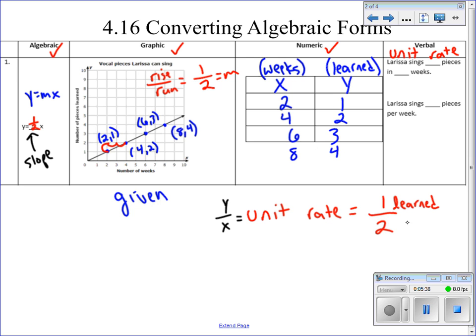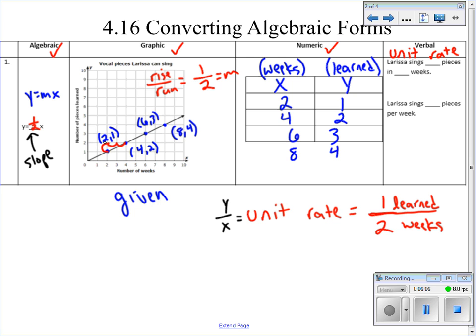Over our x values, which was over 2 weeks. So our unit rate then is one piece learned per 2 weeks. So if we look up here to our verbal, Larissa sings blank pieces in blank weeks. We can take any of our points here.